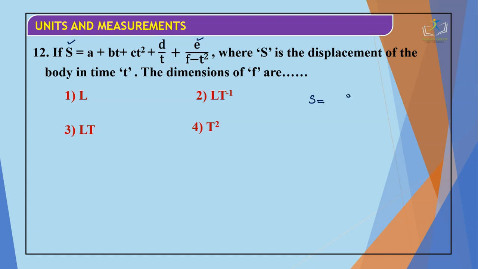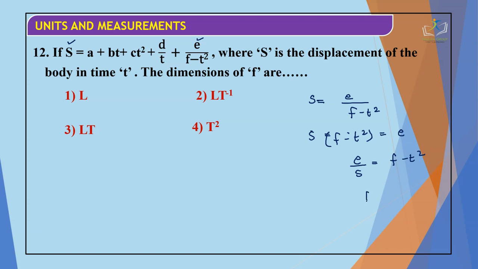Now S is equal to E by F minus T square. Clear? So for that scenario, S times F minus T square is equal to E. So E by S is equal to F minus T square.